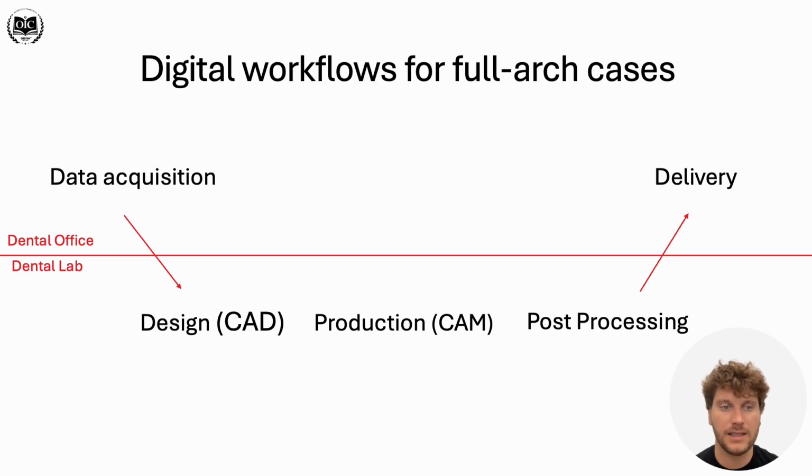And in the dental lab, there's a whole chain of processes going on to produce the beautiful teeth for the patient, involving CAD and CAM processes, and also finalizing everything to look nice and natural. And at the end of the workflow, we get back to the dental office for the delivery.